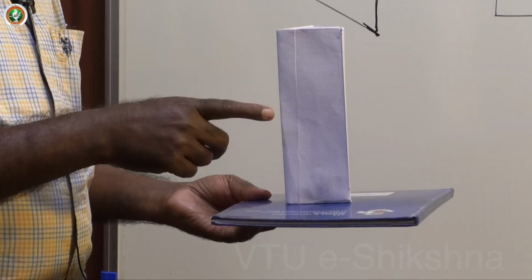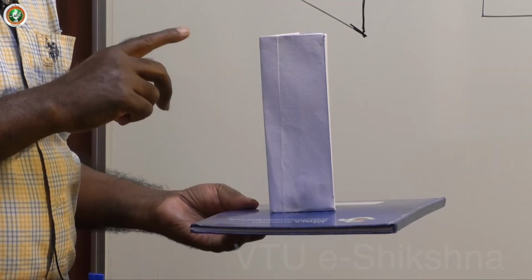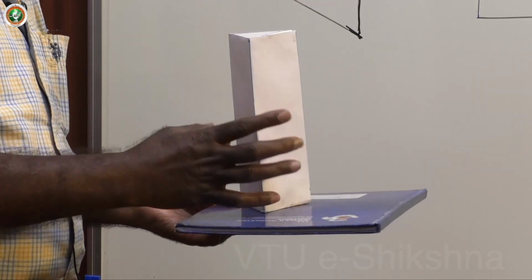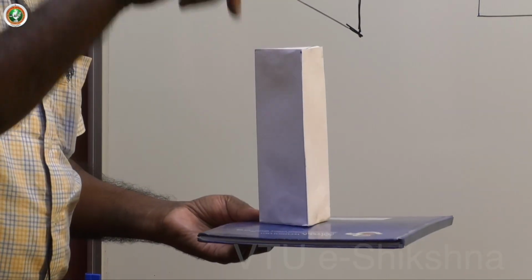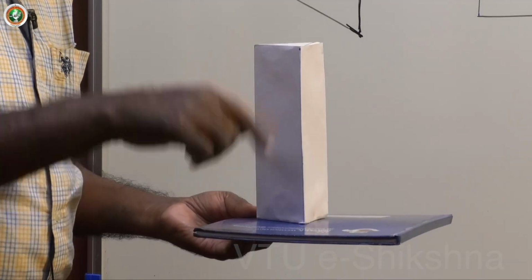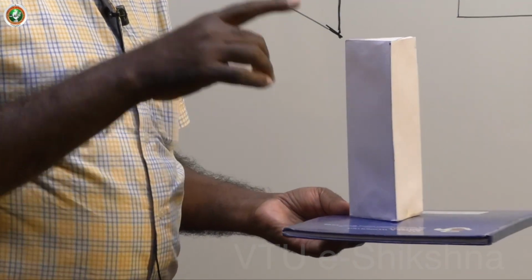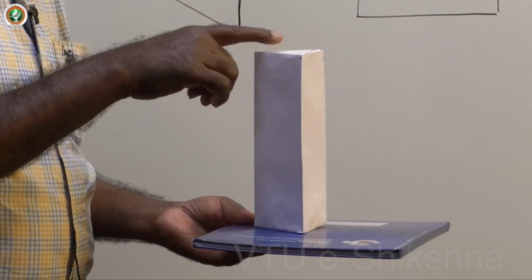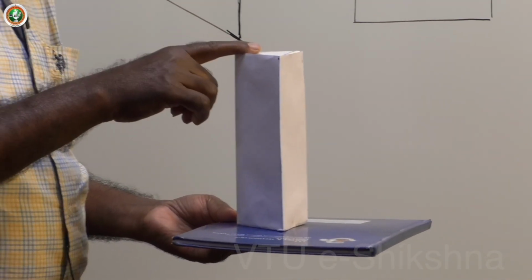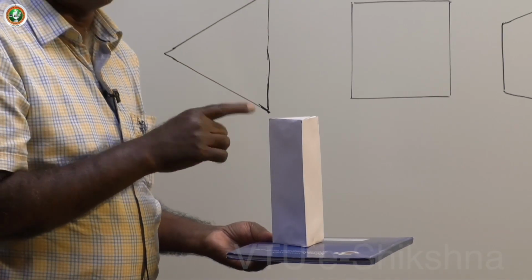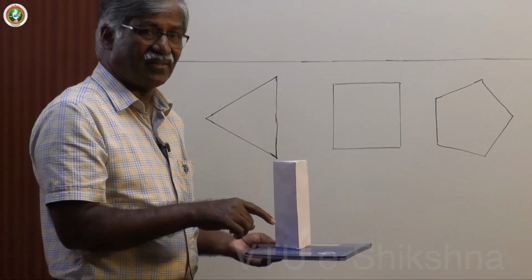But as such, for all prisms we need the cross section true shape. The cross section true shape we will get only when the axis is perpendicular to HP. Have this in mind: whenever the axis of the prism or pyramid is perpendicular to HP, then you get the true shape of the cross section. The root of the cross section is the triangle, that is nothing but the top face or base, anything.